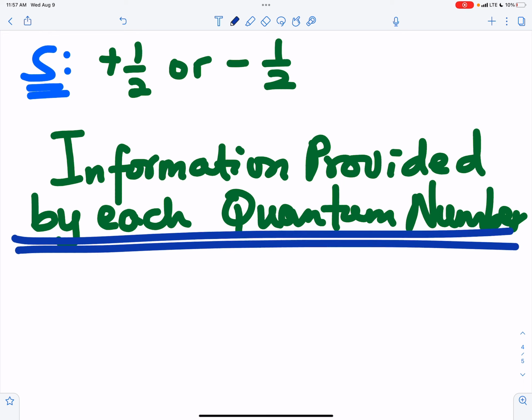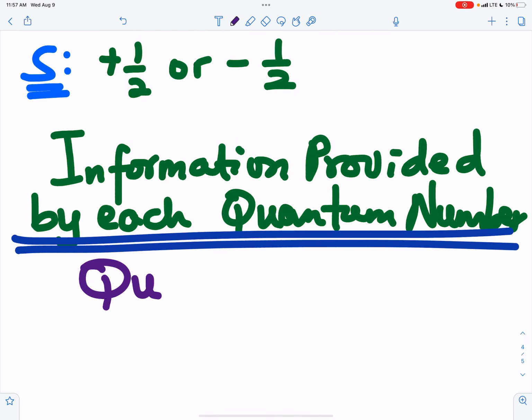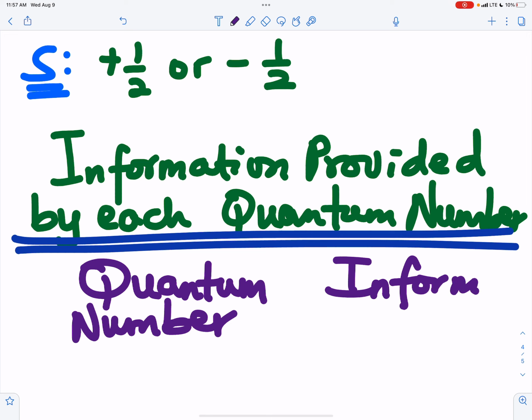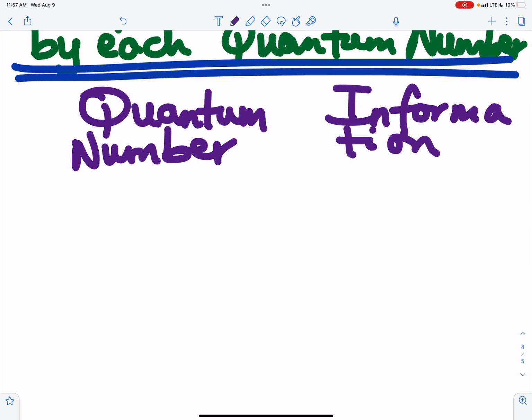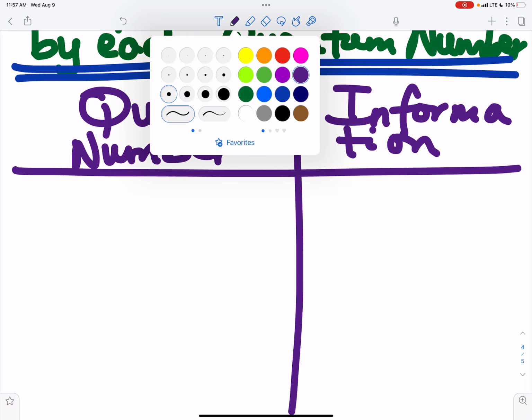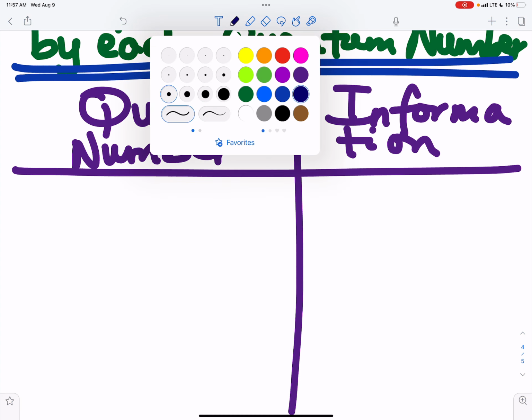So let me do this: quantum number, then the information it gives us about an electron. Let's do this together.